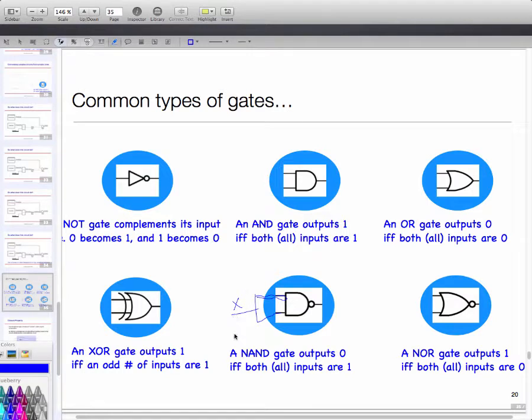So if x is 1, then we will have 1 and 1, and the output would be 0. And likewise, if x is 0, then both the inputs would be 0, and the output would be 1 according to this logic. And that's exactly what a NOT gate does.